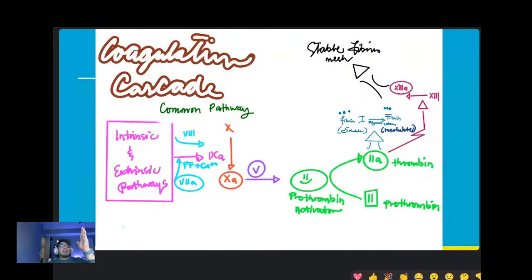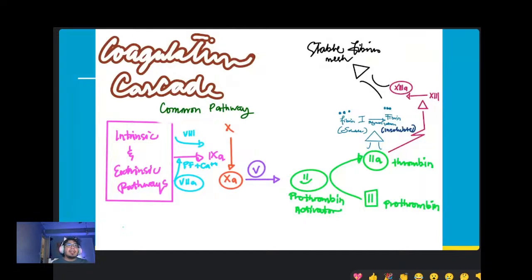Ngayon, start tayo dun sa orange kasi na tayo, common pathway na tayo. Start tayo sa orange class, ha? Now, the activation of factor 10 can result to the conversion of prothrombin by combining with prothrombin activator. Okay? Prothrombin activator is actually not a clotting factor.